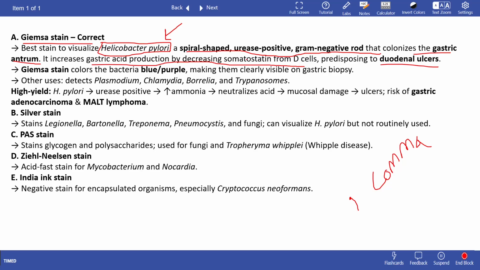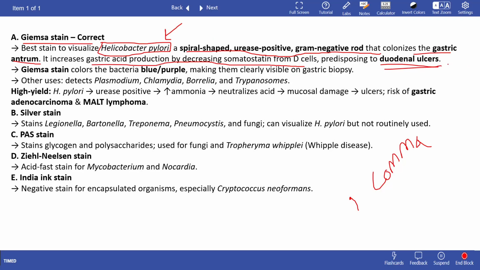It doesn't really do any damage, but if somatostatin is decreased, it cannot neutralize the acid anymore, and as a result you can basically get ulcers.